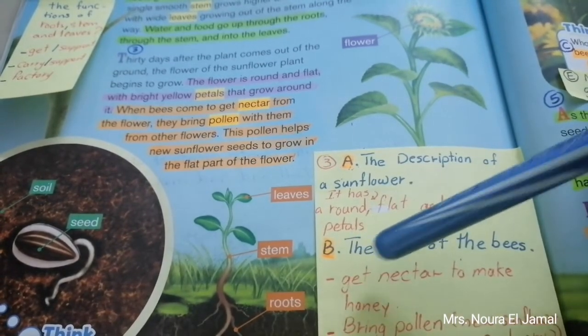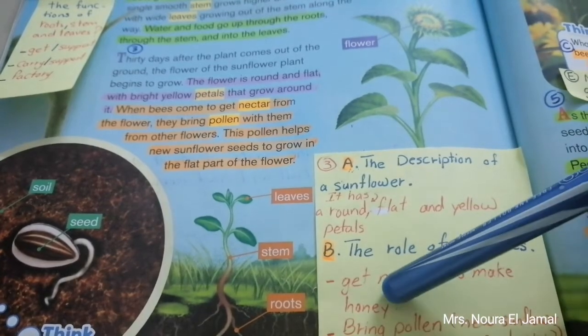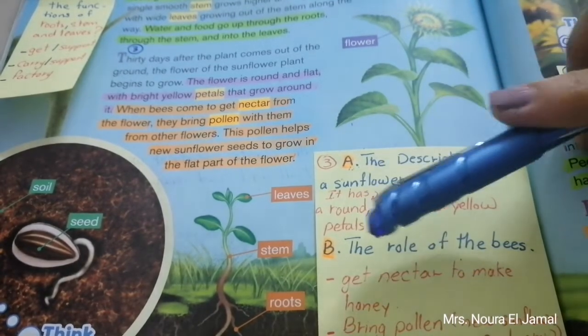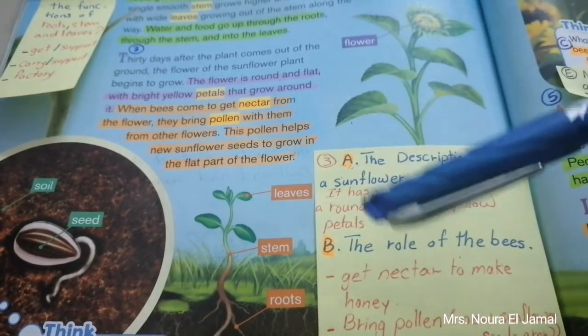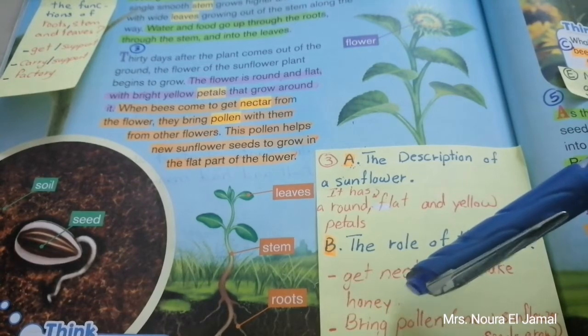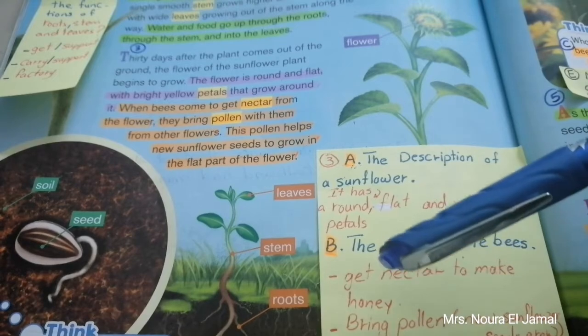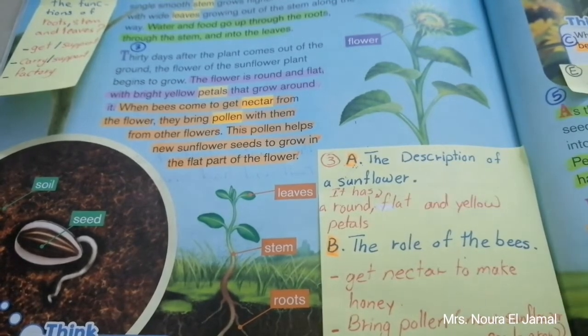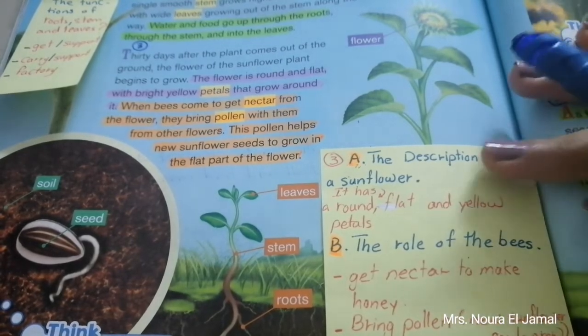Bees get nectar from the flower to make honey. And also bees bring pollen to help to grow new sunflowers. Okay.